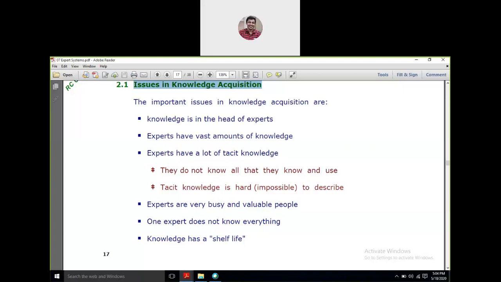So knowledge is in the head of the expert. This is one of the first issues, and we have to somehow extract and encode it. Now, experts have a vast amount of knowledge. This is also one of the issues which has to be dealt with very carefully. Now comes the next issue: experts have a lot of tacit knowledge. This is the most important thing. Tacit knowledge means that knowledge is not exclusively bookish knowledge.